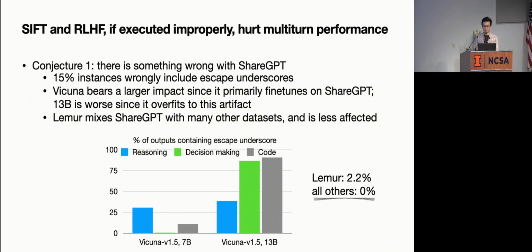Vicuna bears a larger impact since it fine-tunes only on ShareGPT, and its larger version is worse on this since it overfits to this artifact. And Lemur is less affected since ShareGPT only accounts for a tiny portion of its fine-tuning data.